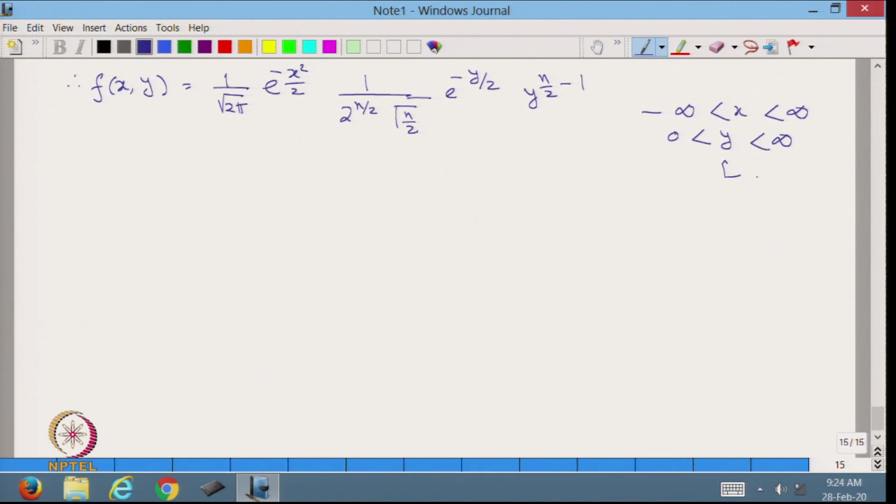This is because chi-square is a positive random variable.